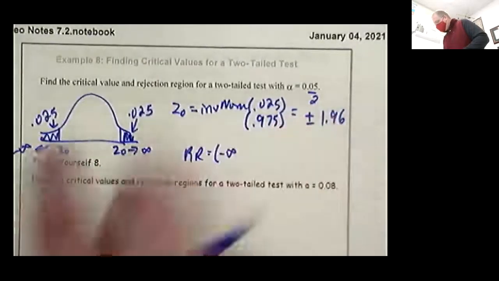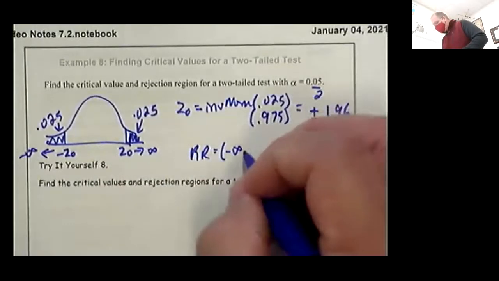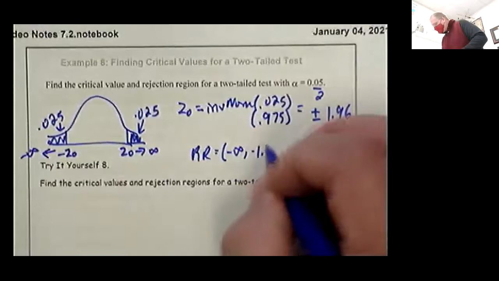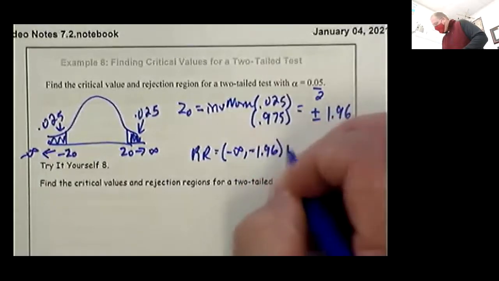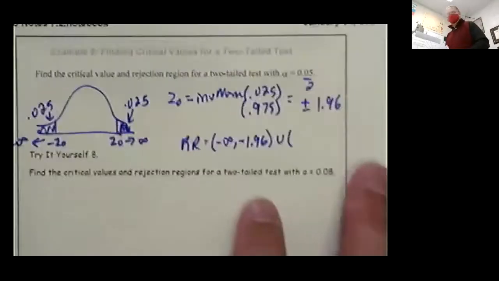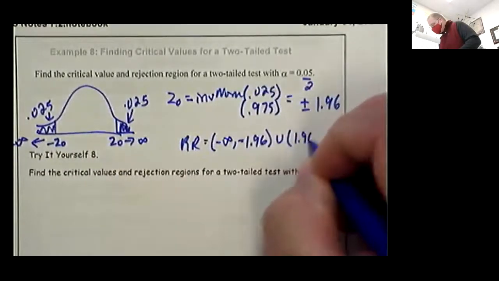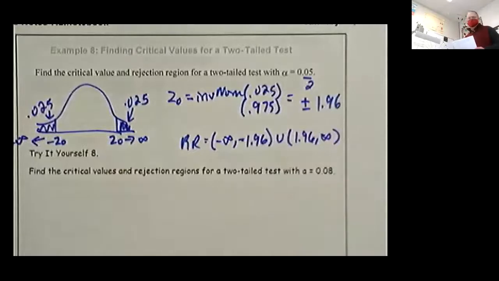We're going to go from negative infinity, so it's going left forever, and we're going to stop at negative 1.96. We're going to say union. So we're going to join these together with a union, which is a mathematical operation that just combines things. We're going to start up again at 1.96, and we're going to positive infinity. So there's our rejection region for a two-tailed test. Again, what we would do then is run our z-score and see if it matches that region.